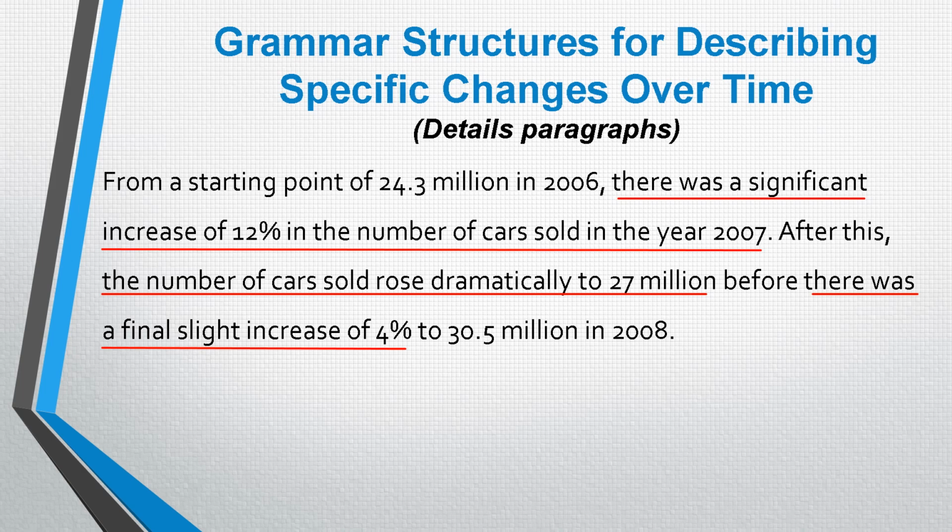So we've written from a starting point of 24.3 million in 2006. So that is our dependent clause there. So we've written the starting point before the descriptive sentence, and that's really useful because it does two things.